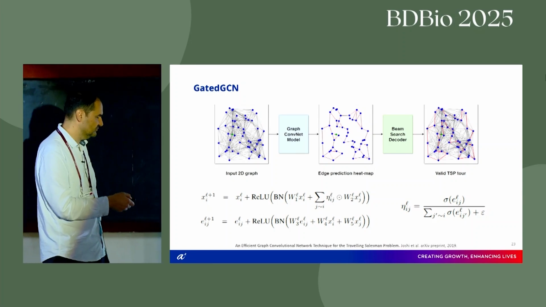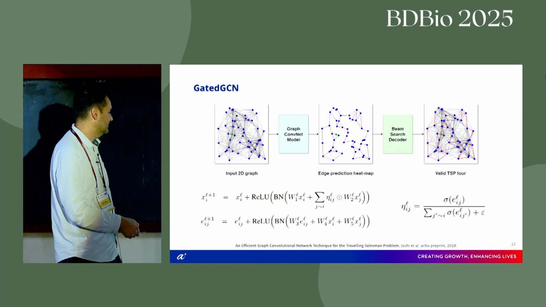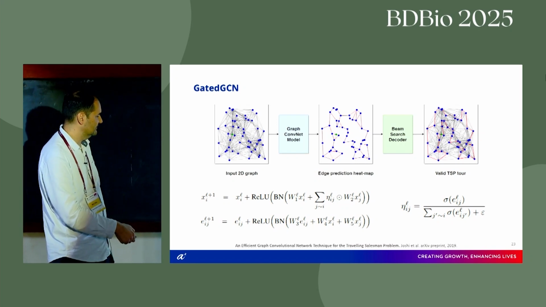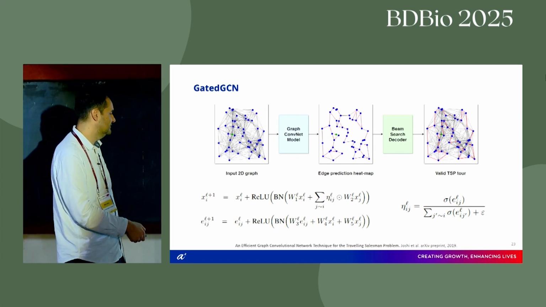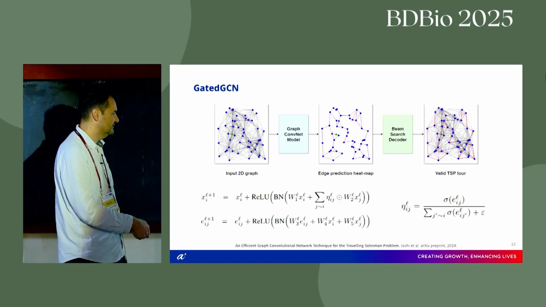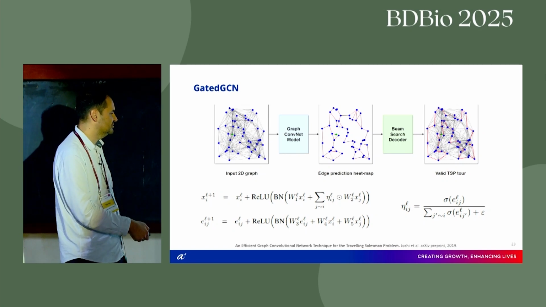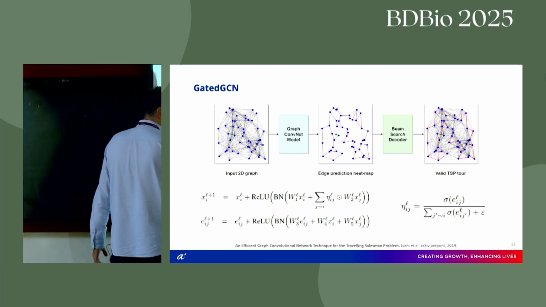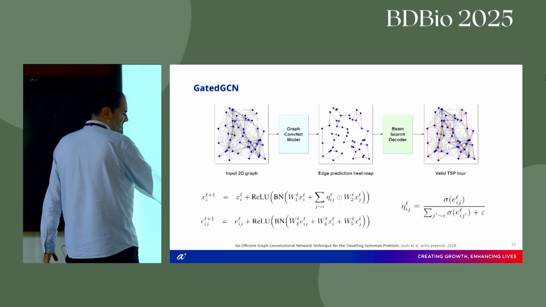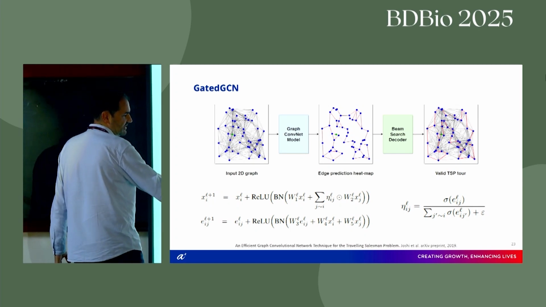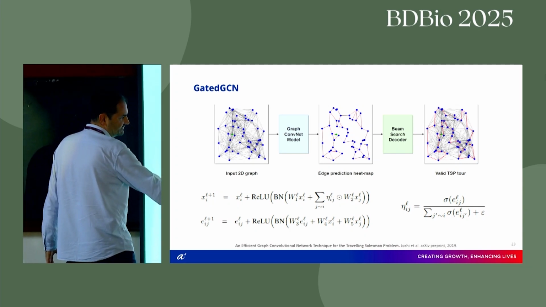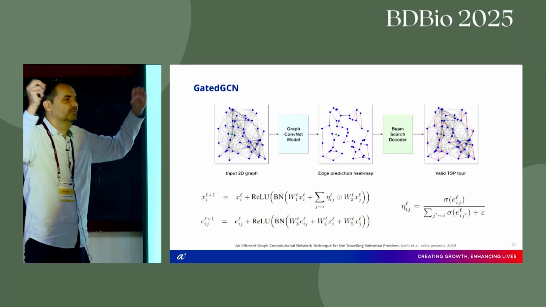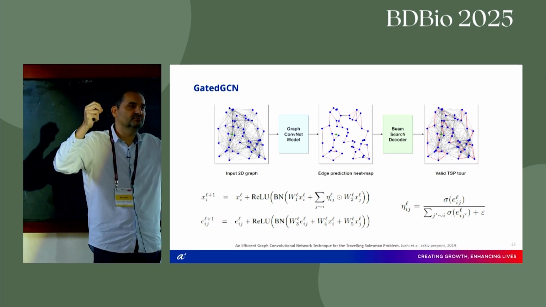And also we need to update edges, so we can do it in a way that you have the current edge and you have some matrices, so you multiply the current state and you can multiply the two nodes which are connected with this edge.